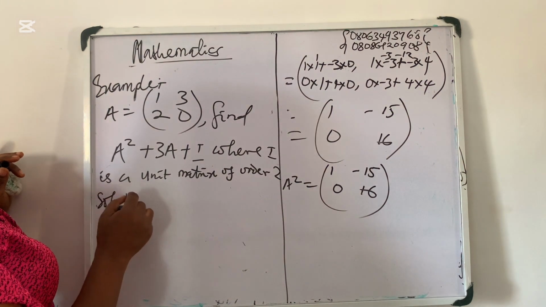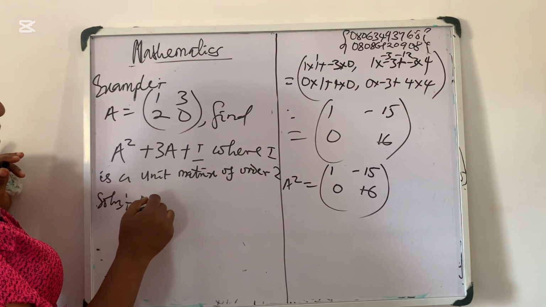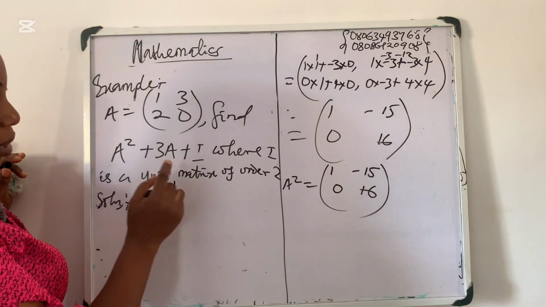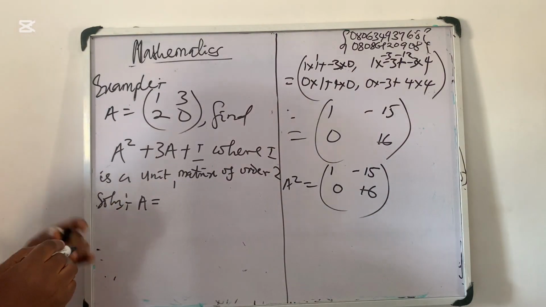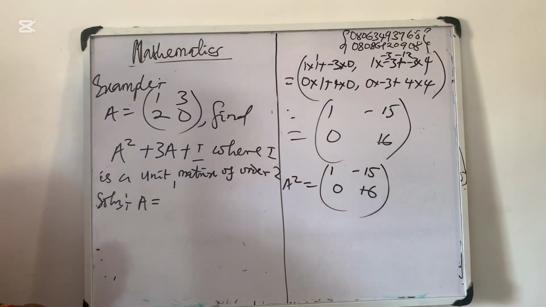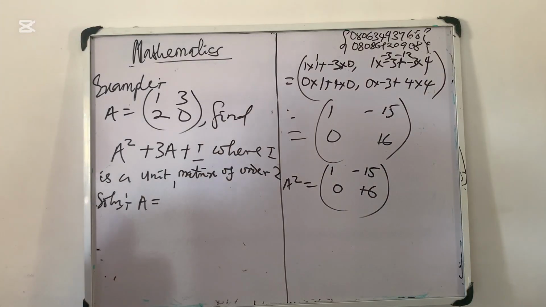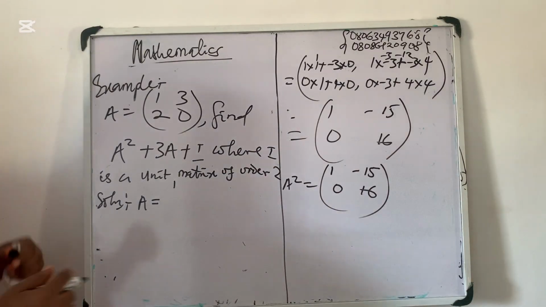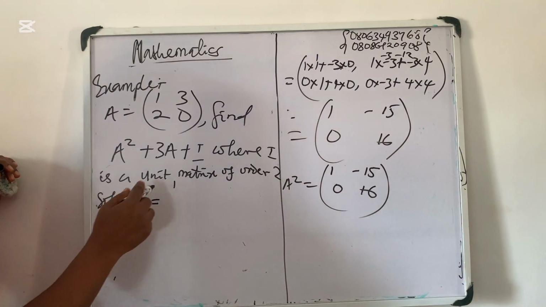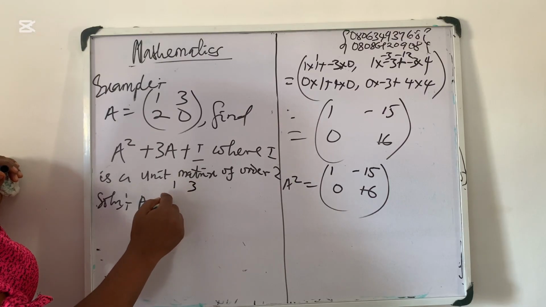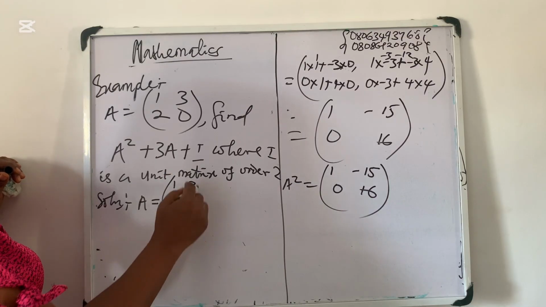Now, computing this, solution, our A is equal to, remember in mathematics we don't say equals to. When you're finding a relationship between two things, you say equal to. So we have here 1, 3, 2, and 0.